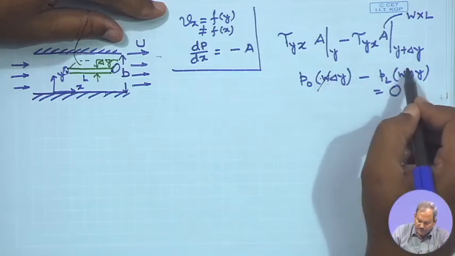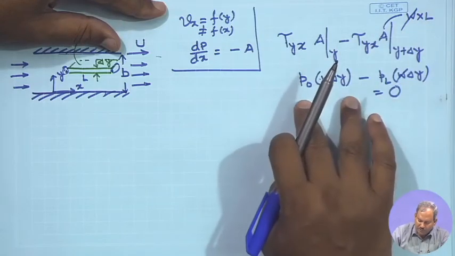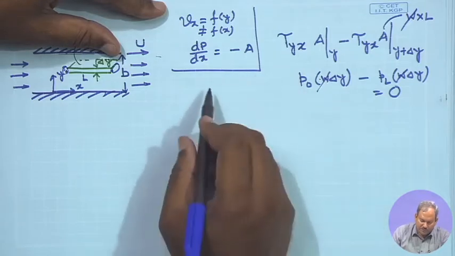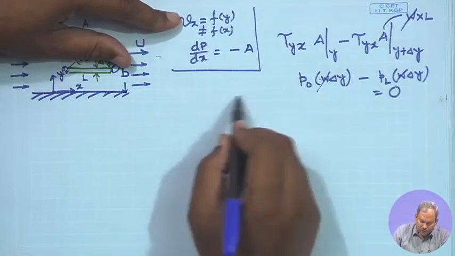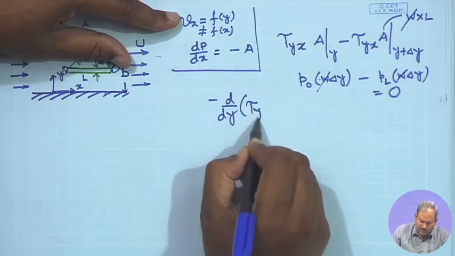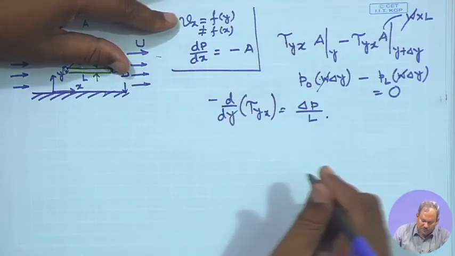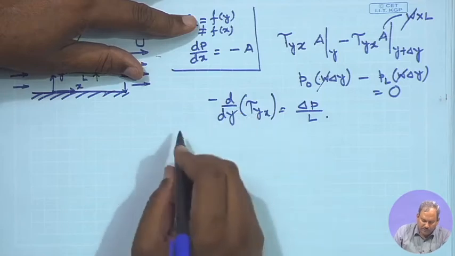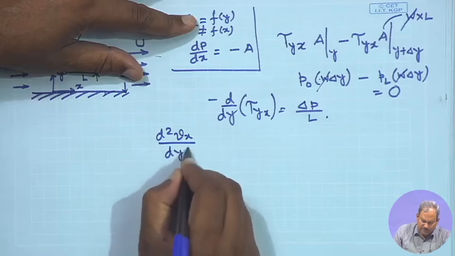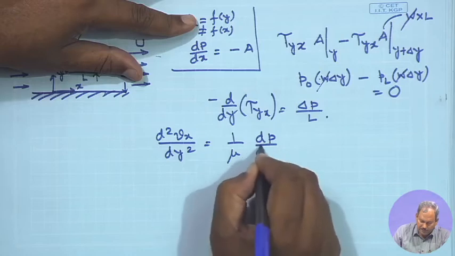So, W cancels from both sides, and the L remaining is brought to the denominator. So, once you do that and substitute tau y x, essentially what you get is minus d dy of tau y x equals delta p by L, and when you substitute for the Newtonian fluid, what you get is d2 Vx by dy square equals 1 by mu dp dx.